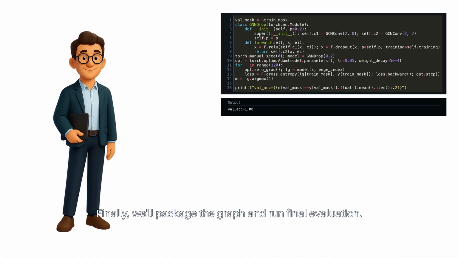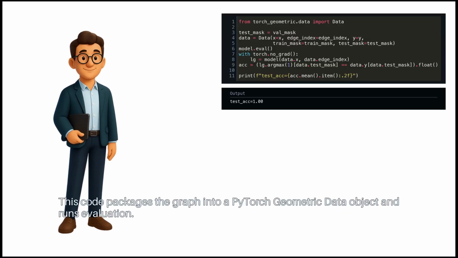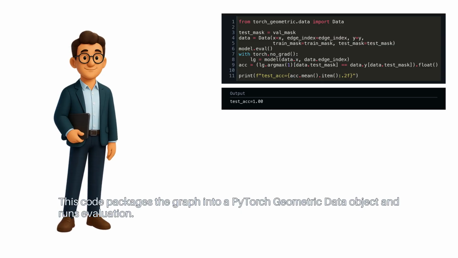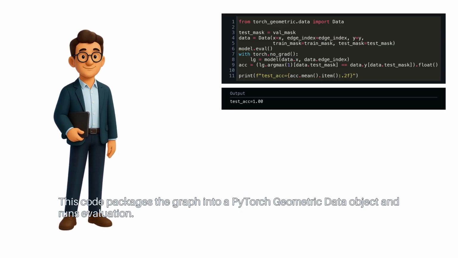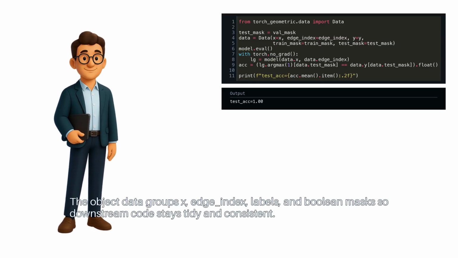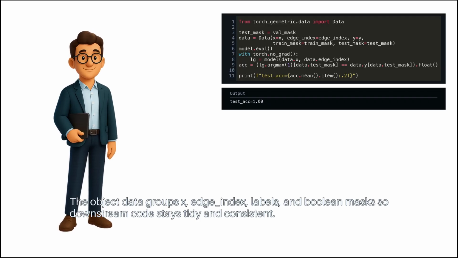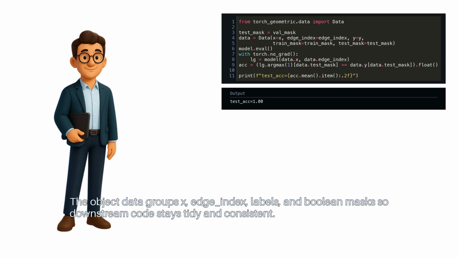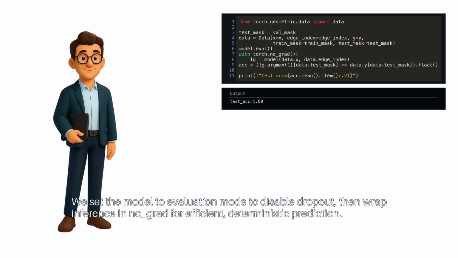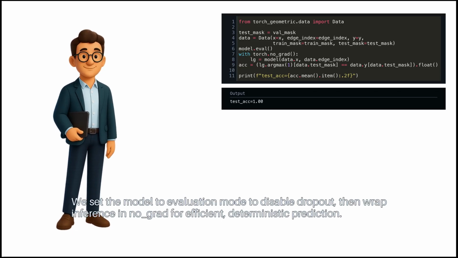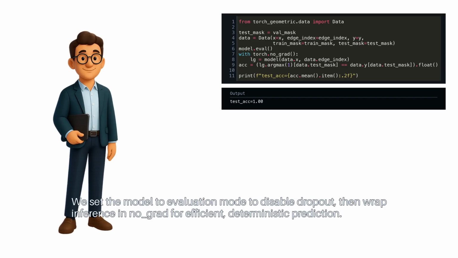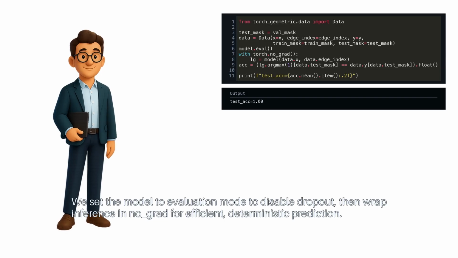Finally, we'll package the graph and run final evaluation. This code packages the graph into a PyTorch Geometric Data object and runs evaluation. The object data groups x, edge_index, labels, and Boolean masks, so downstream code stays tidy and consistent. We set the model to evaluation mode to disable dropout, then wrap inference in no_grad for efficient, deterministic prediction.